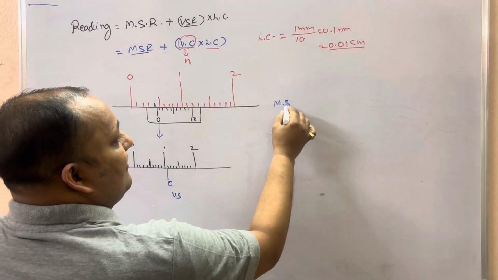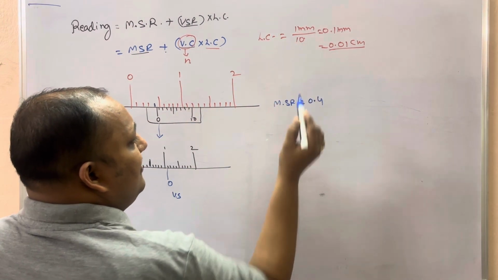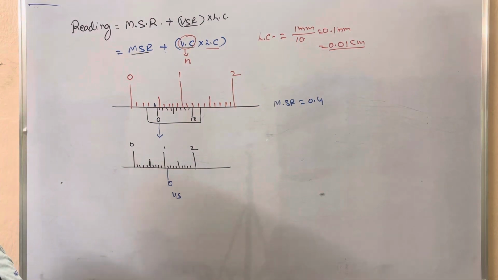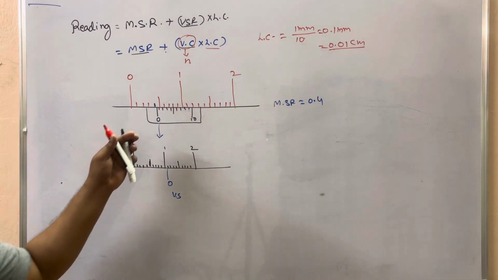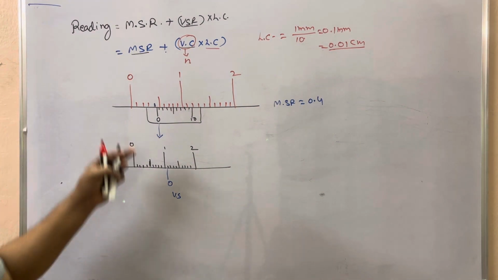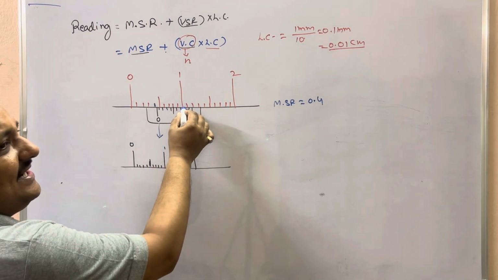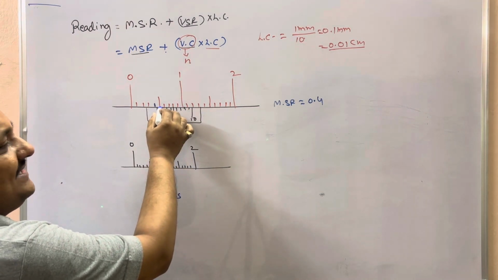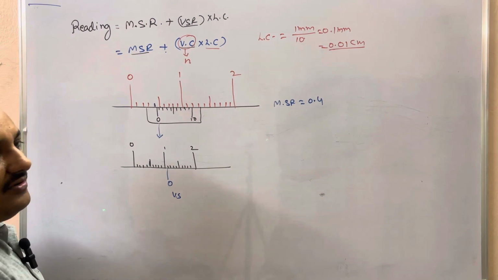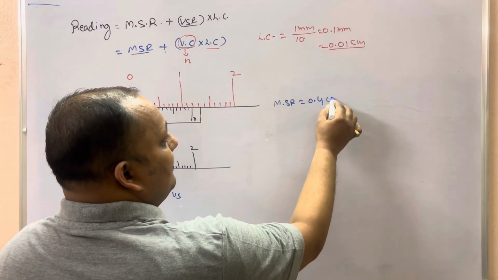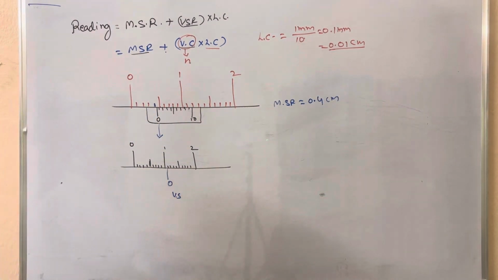Now, MSR is equal to 0.4. Correct? So that is 0.4 or 4 mm. Correct? This is 1 centimeter. This is 0.5 centimeters. This is 0.4 centimeters. This is MSR.